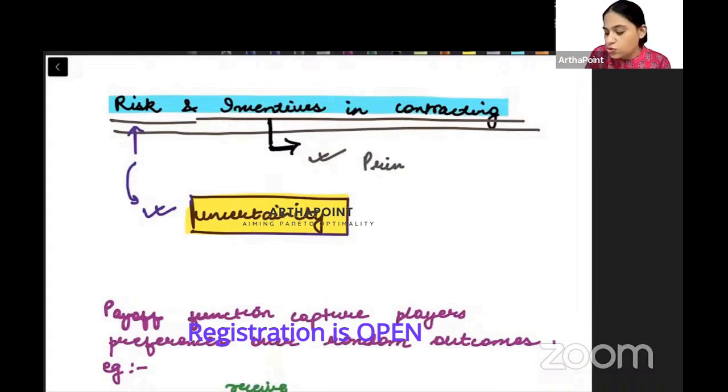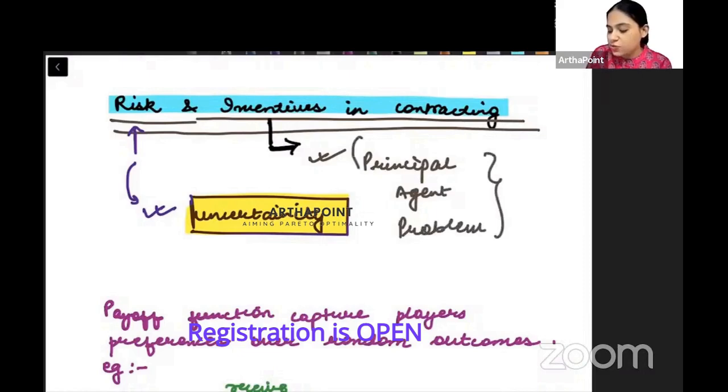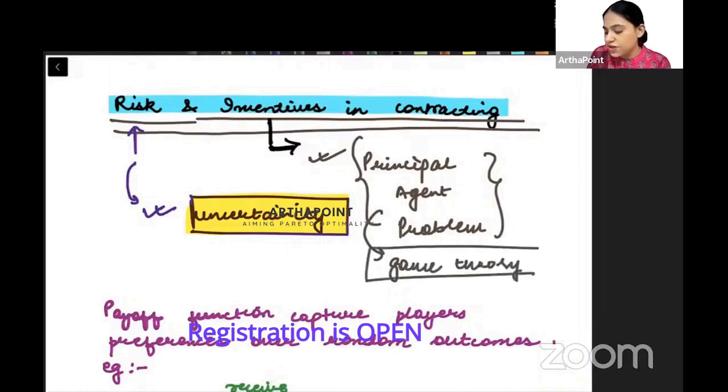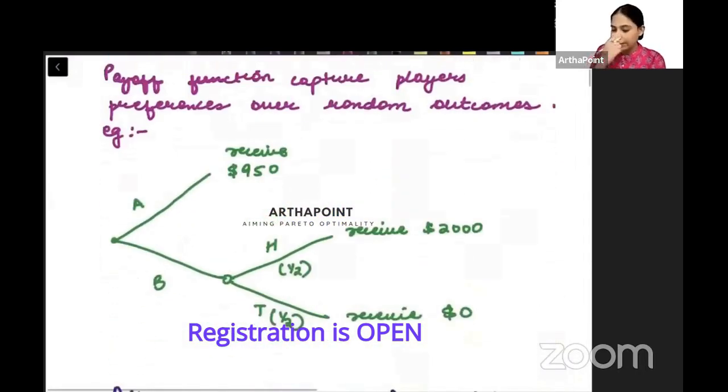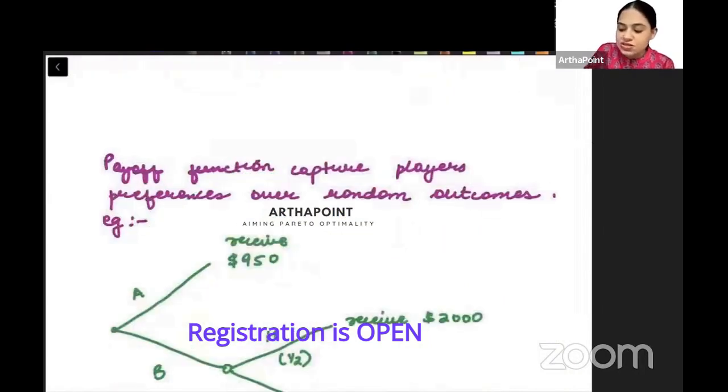And slowly you will also learn something about what is called the principal agent problem. इसके बारे में भी सीखोगे, है ना? And you will try to see how game theory can be applied to the principal agent problem. So this is a very interesting aspect and we will be focusing on this aspect also.